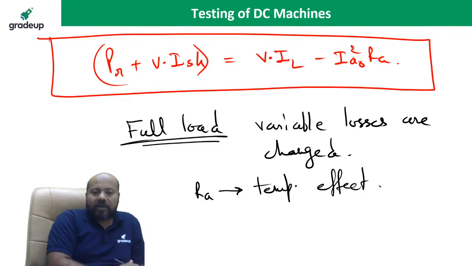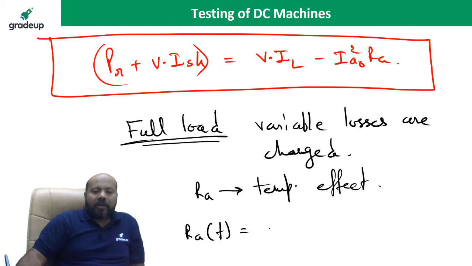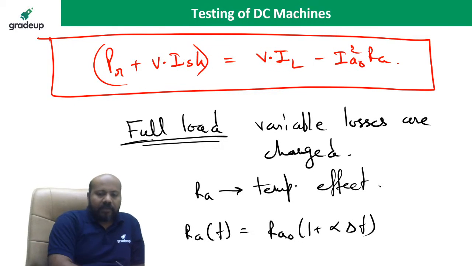So definitely the temperature rise will have some effect on the armature resistance also. So at a particular temperature, you can calculate RA naught (1 plus alpha delta T). So you can use the modified value of the armature resistance.